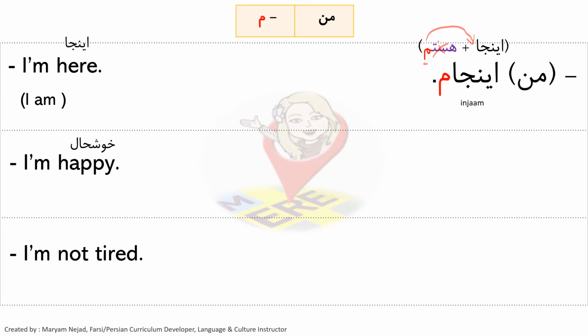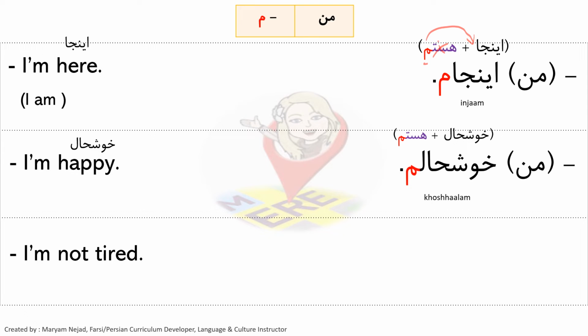Next, we want to say I'm happy. Happy is خوشحال. من خوشحالم, which is خوشحال هستم, but the meem goes here. خوشحالم. Next one, we want to say I am not tired, and tired is خسته. من خسته نیستم.